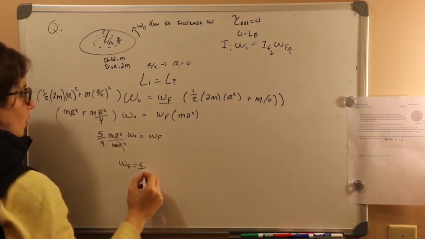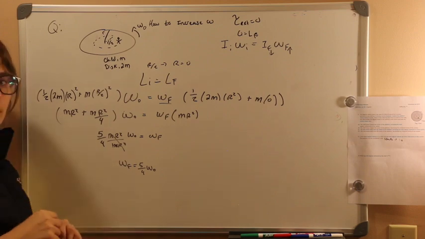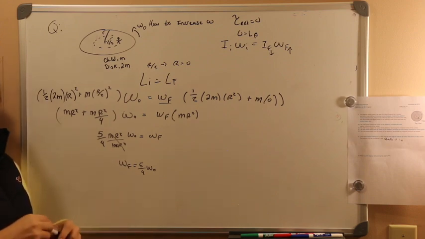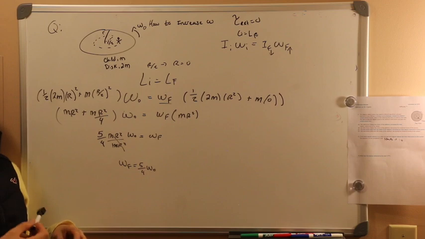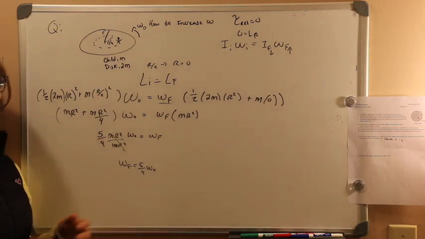So omega final is faster. It's 5/4 omega initial. With that, we can actually find the impulse that was delivered to the disk. The system's I value doesn't change, but the disk's I value does. The disk is experiencing a torque from the boy, and so we can either do torque times time, that's an angular impulse, or we can look at how the angular momentum changed.